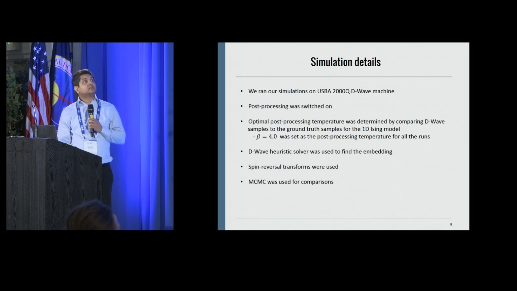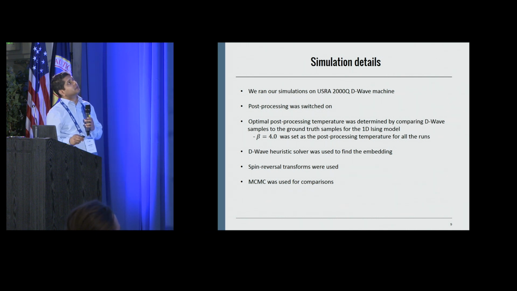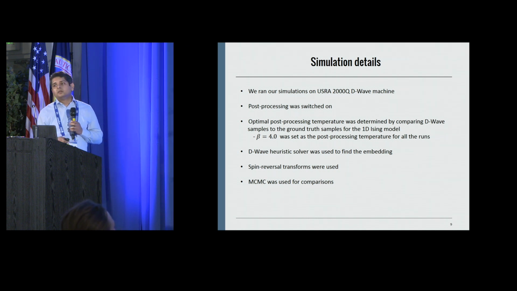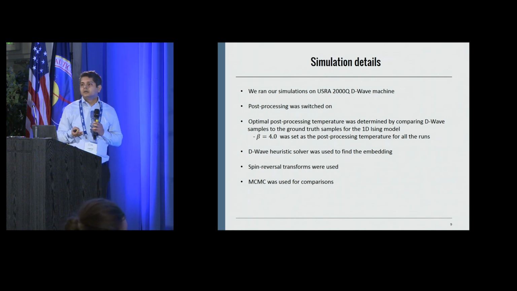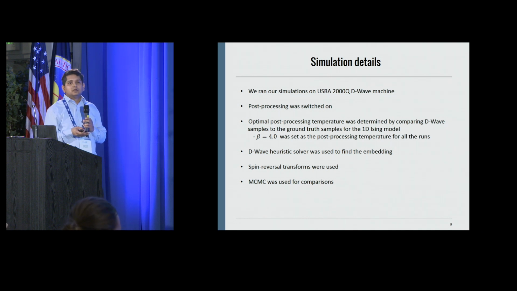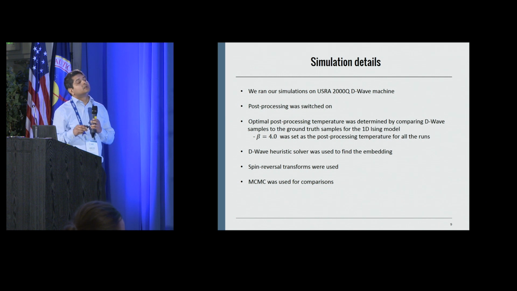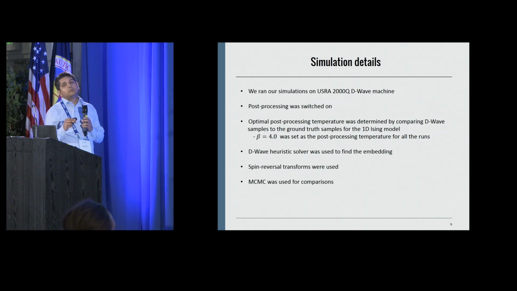So, a few simulation details. As I said, we ran everything on the USRA 2000-qubit machine. Post-processing was switched on, and we did an initial run where we compared the machine samples with ground truth samples corresponding to the 1D and 2D Ising models, and that's how we determined the optimal post-processing temperature, which was set equal to 4 throughout all those simulations.